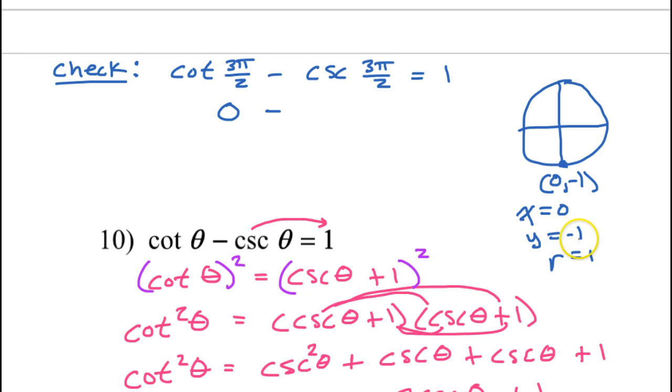So there's negative 1. The reciprocal of negative 1 is still negative 1. So the question is, does this equal 1? Well, of course it does, because the 0 is nothing, and then I have minus a negative, which is a positive. So it checks out.